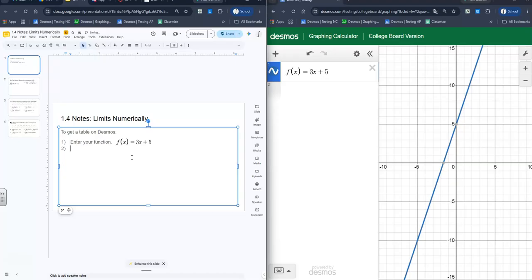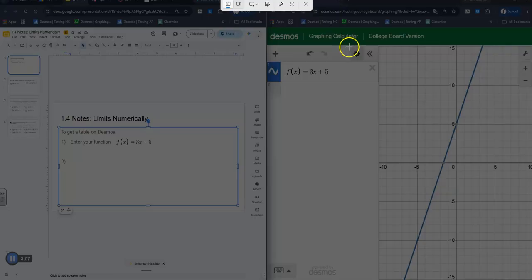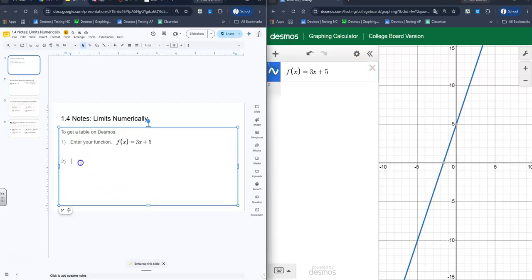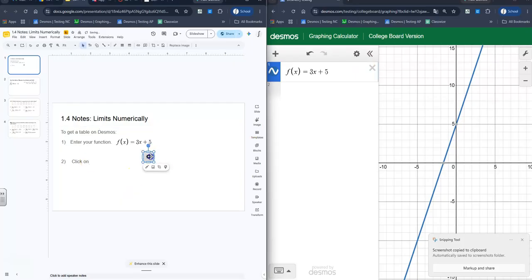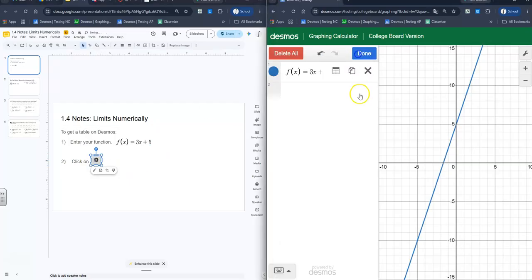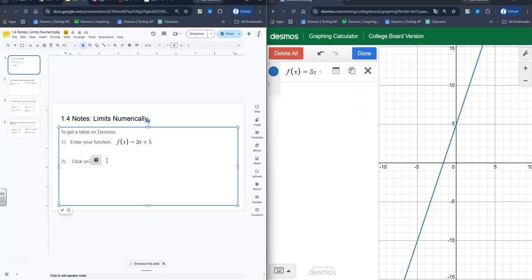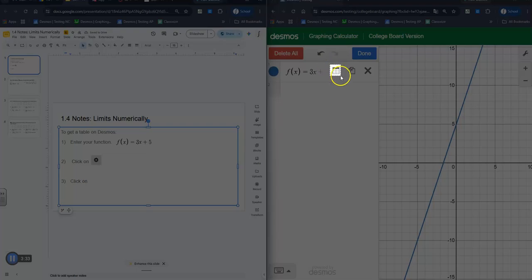I don't know if they added it or if I just learned this later, but then you are going to click on the little gear right there. And then you are going to click on the little table right here.